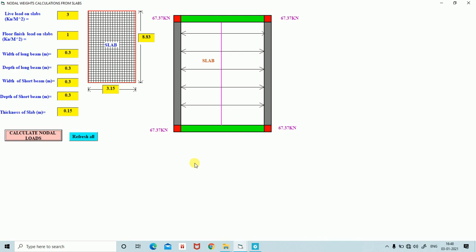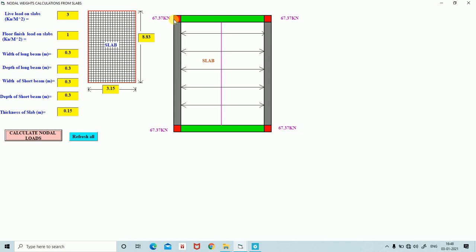Therefore, if you want to calculate the nodal weights for different types of slabs, whether one-way or two-way slab, this very simple software will save us time. If you do the cumulative sum of the nodal weights of all the stories, then you will get the load acting on the footings.